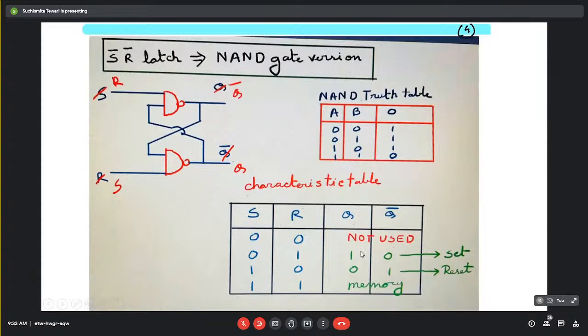Now, since it is a NAND gate, if we carefully observe its truth table, we will see that if one of the inputs is 0, the output is 1. Otherwise, the output is 0.